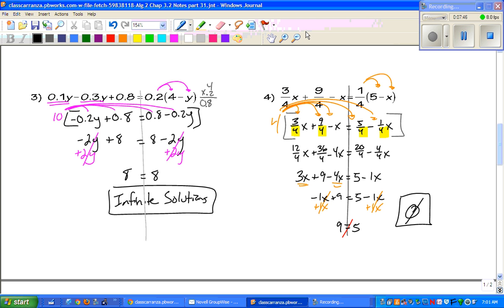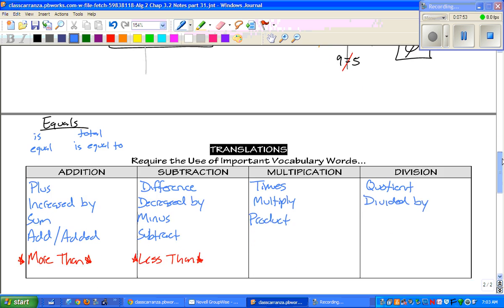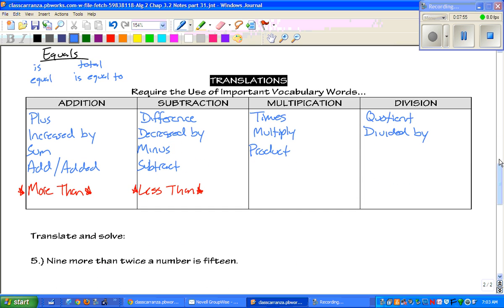Okay? So go ahead and look at those one last time. Okay, now let's slide on down to the other side, flip your page over, and we're going to talk about translations.